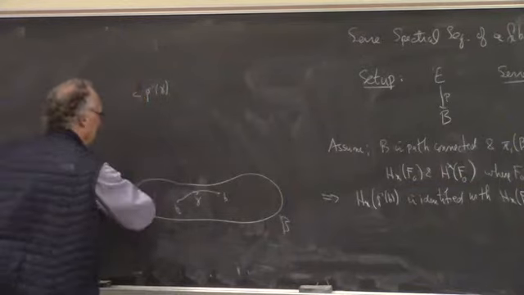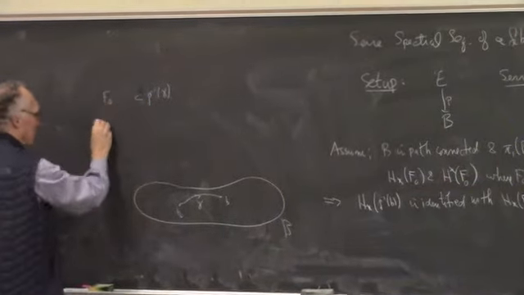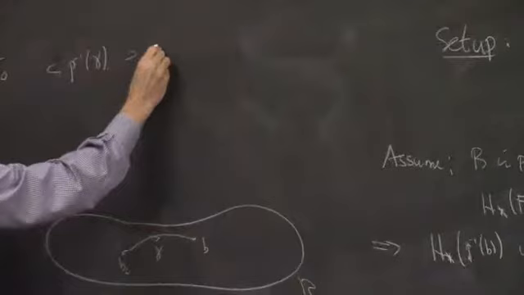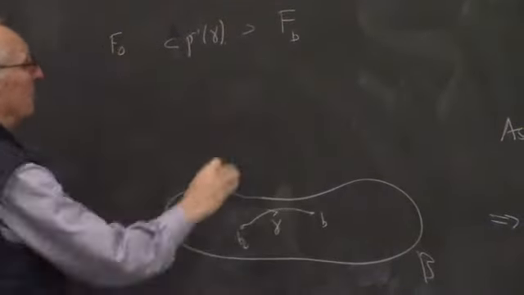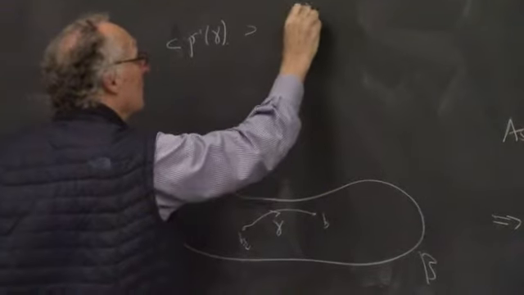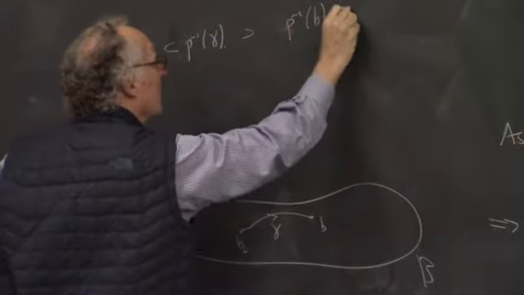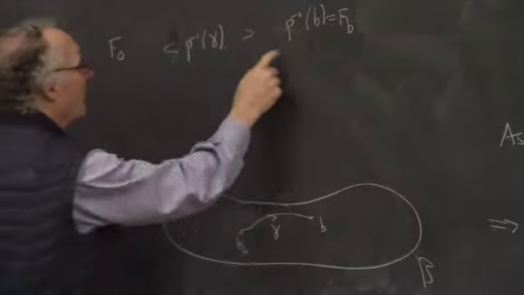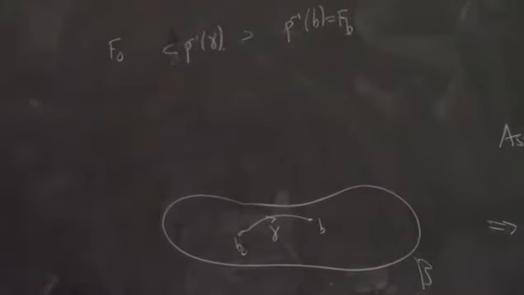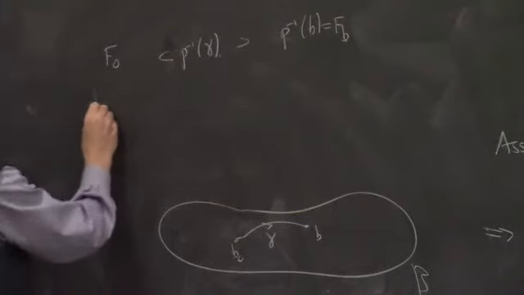And we have two inclusions. We have F naught, the inverse of this point, and F b, the p inverse of b. They both include into p inverse of gamma. I claim both maps are homotopy equivalences, weak homotopy equivalences.